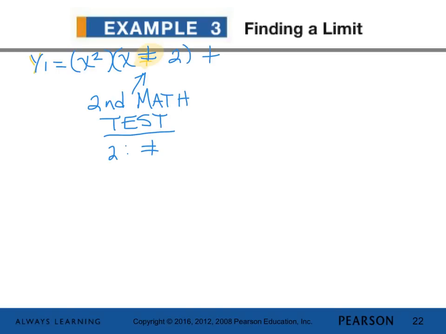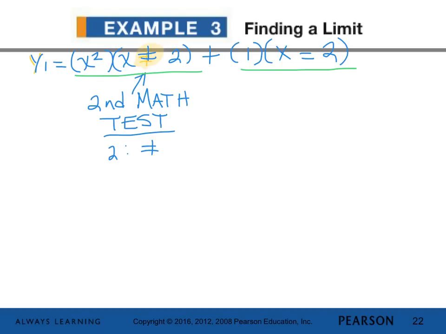And then you're going to put an addition sign. And it's important that you enter this function in exactly this way, because this is how to enter a piecewise function. And then you're going to enter the number 1, again, in parentheses. And then after that, in parentheses, you're going to put in x equals 2. So this is the rule for when x doesn't equal 2. And this is the rule for when x does equal 2.